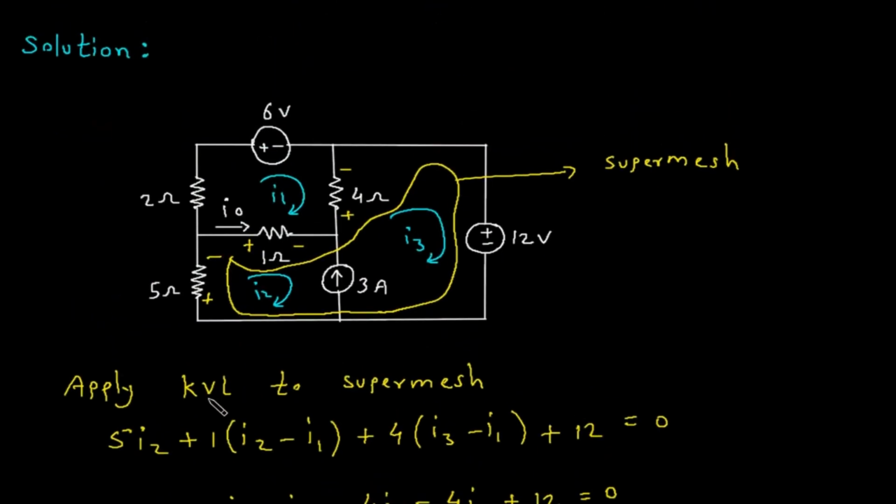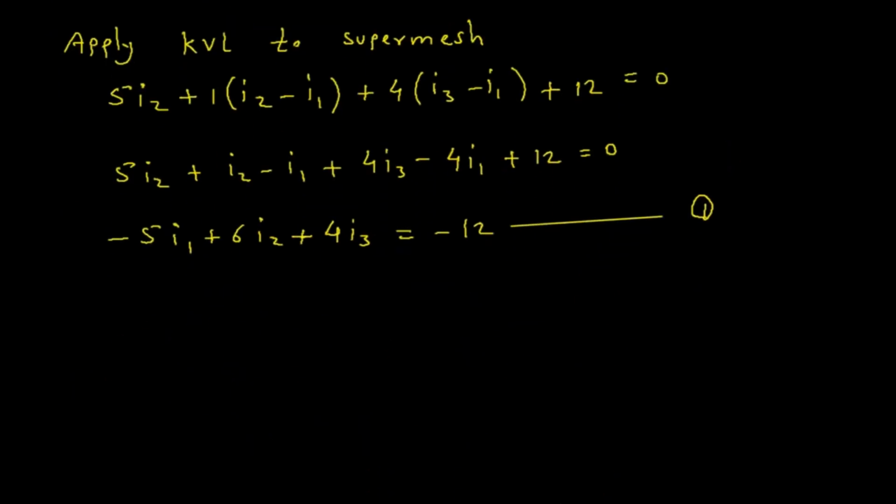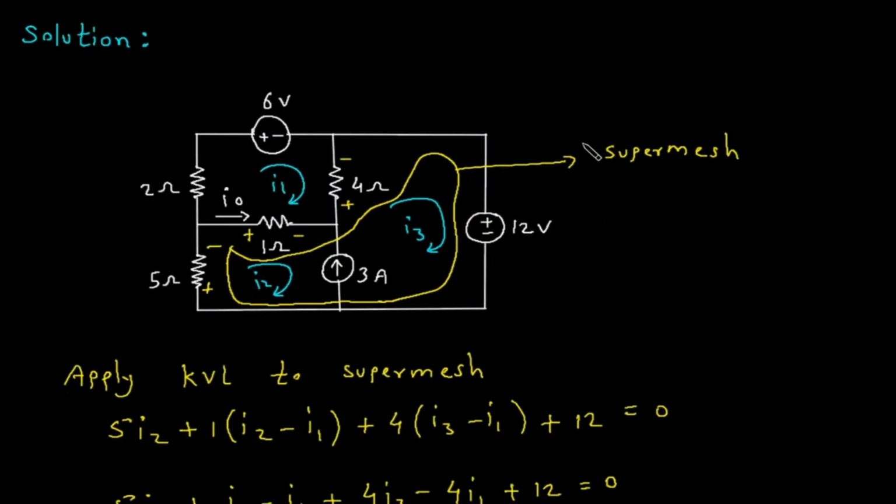Now we will apply KVL to mesh number 1. Let's say we will start from here. So this will be positive, negative, positive, negative.